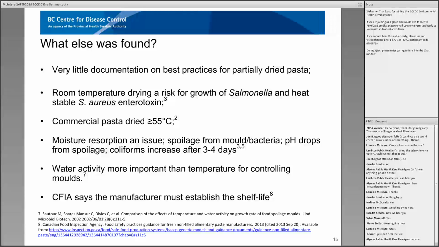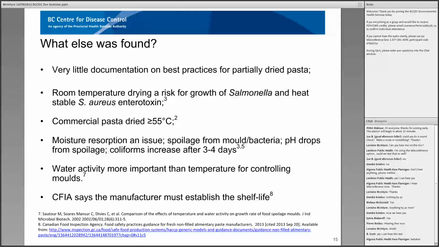We also learned that moisture resorption is an issue in pasta that's only partially dried. So if it's dried in high humidity areas, you increase your potential spoilage with molds and growths of bacteria. And one interesting thing we did learn is that pH is actually not a very good indicator in this case of safety or shelf stability, because once coliforms, if they're present, start growing in the product, they'll release metabolites that actually drop the pH.